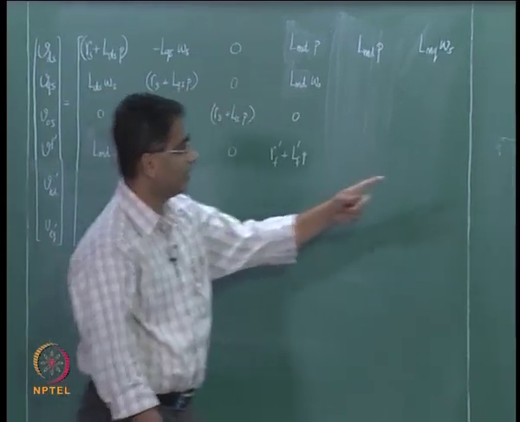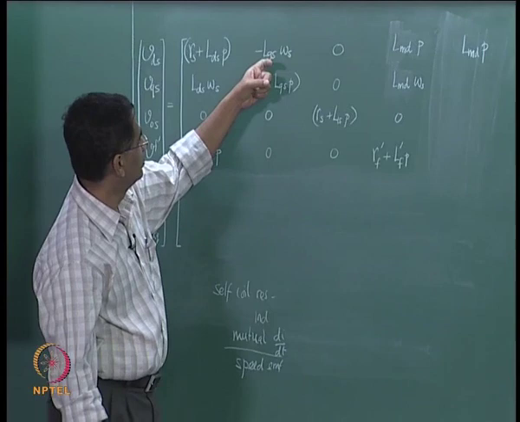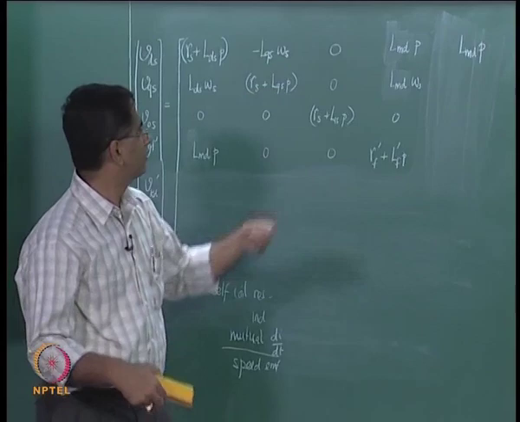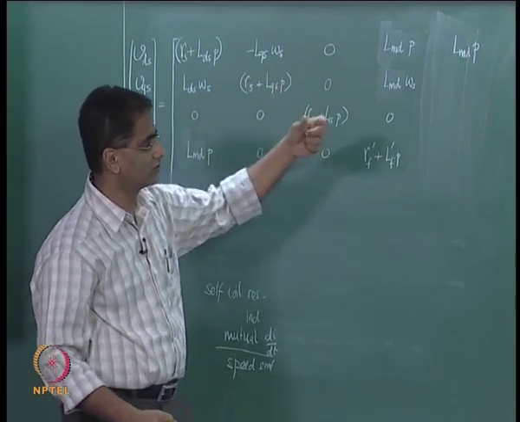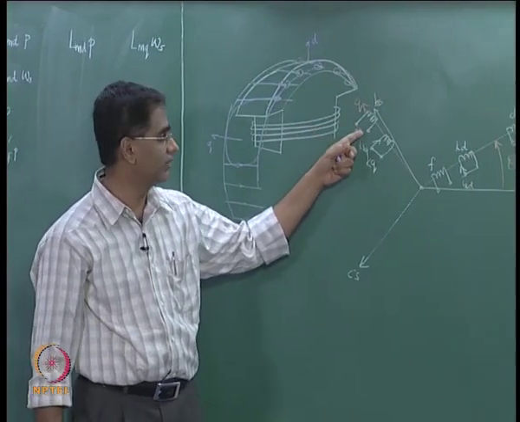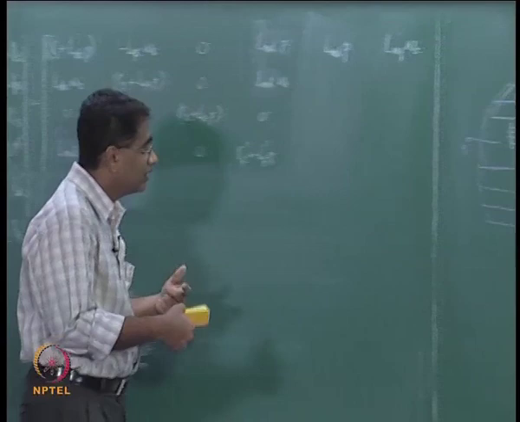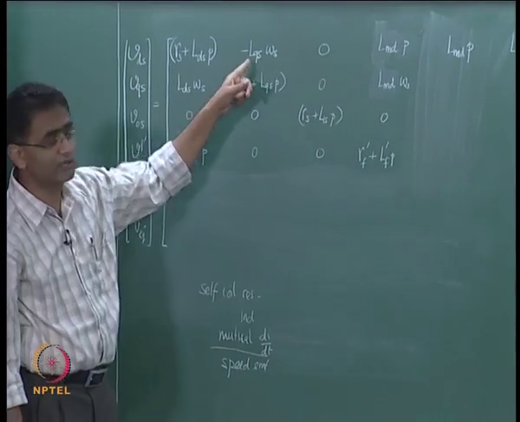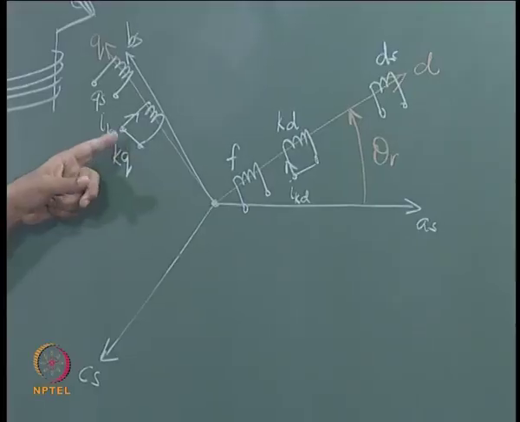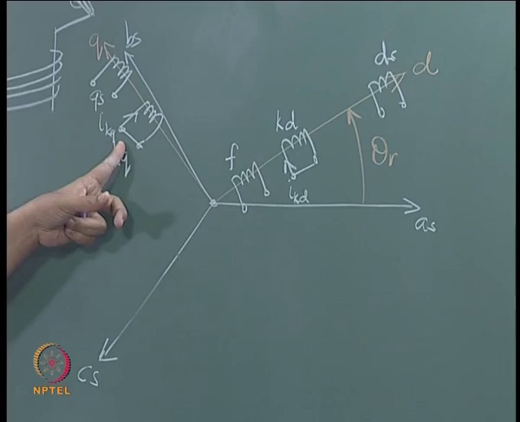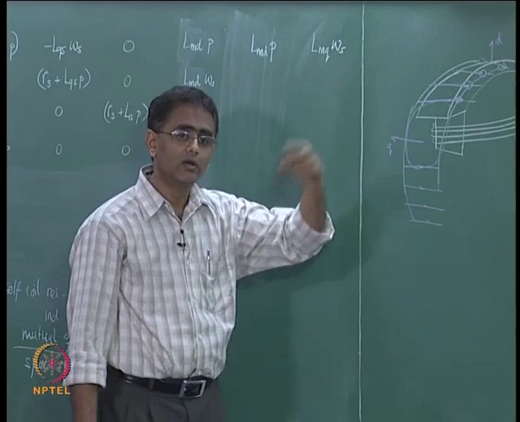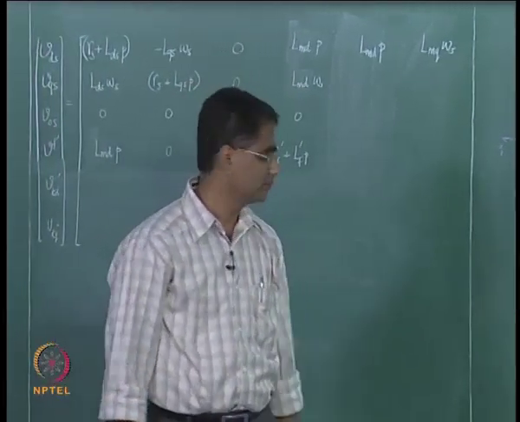Now the speed EMF term arising due to IQS is actually a source of excitation that is present in the stator itself, it is not on the rotor, and therefore the inductance term that arises in the speed EMF term is the stator inductance of the Q axis, whereas here this coil is present on the rotor, and therefore the term that comes here is the magnetizing inductance or the mutual inductance between the stator and the rotor.